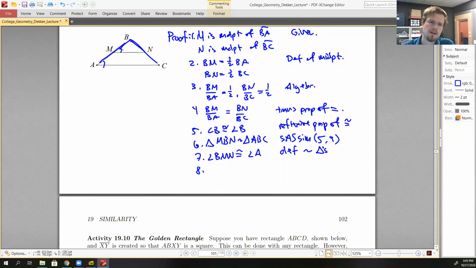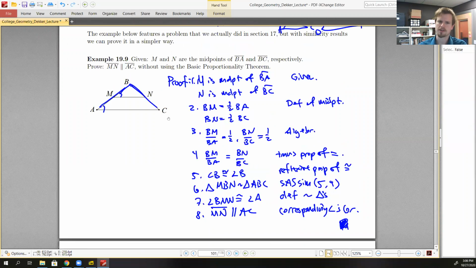Which leads us to, right, we have that corresponding angles are congruent where two lines are crossed by a transversal. So by the corresponding angles corollary, we have that MN is indeed parallel to AC. Excellent. So we can use the similarity for such things.